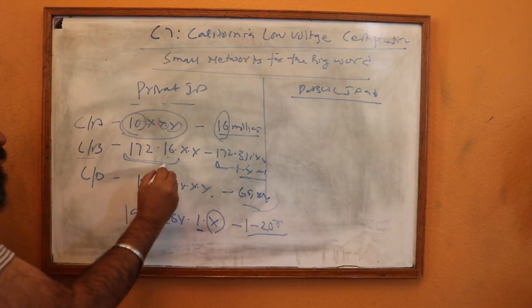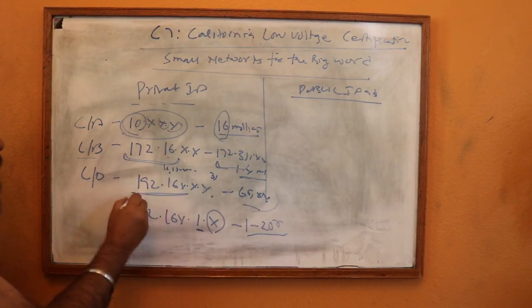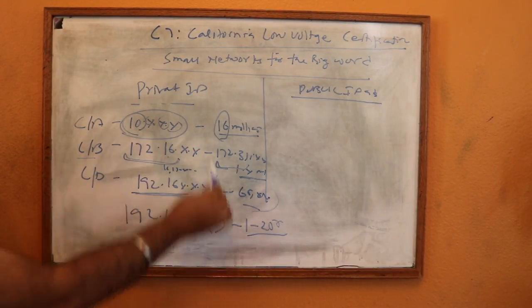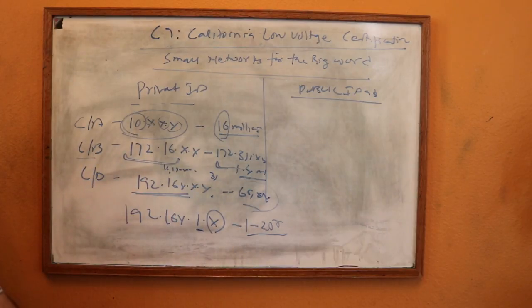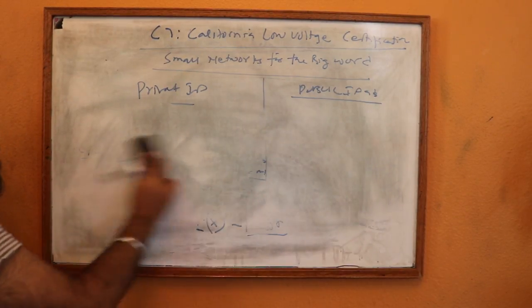This from 16 to 31 is 16, 17, 18, 19, 20 to 31. You will not see anything in this range. So the moment you see these classes, you should know that these are private IP address classes, and you are supposed to use them for your private use, which is the inside of the network. I hope this is clear to you guys. We are not going to cover the public because anything except private is public.